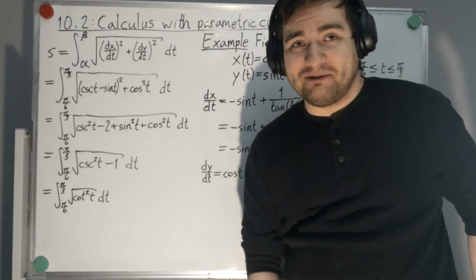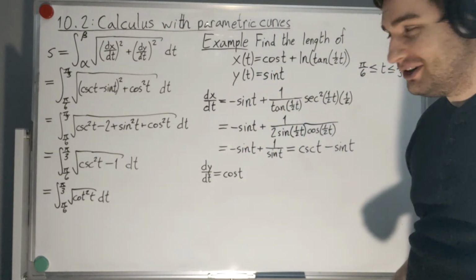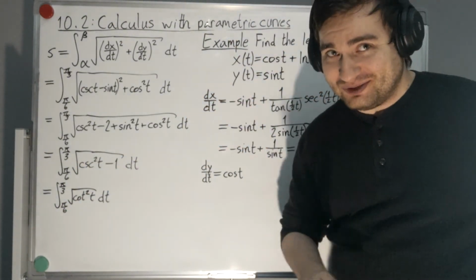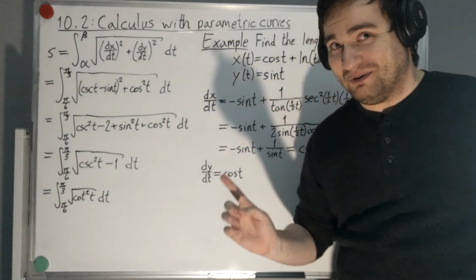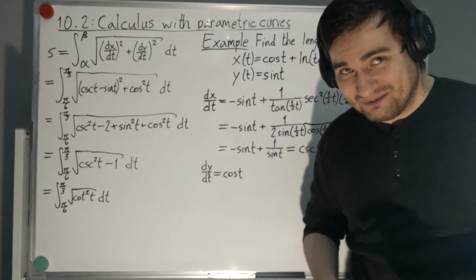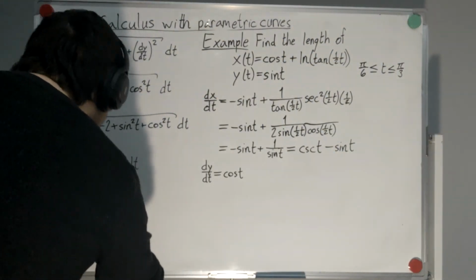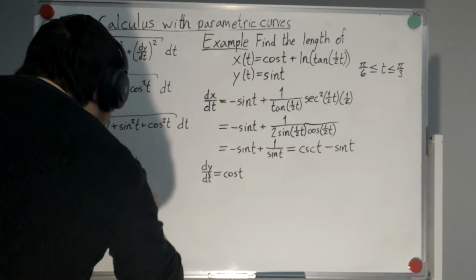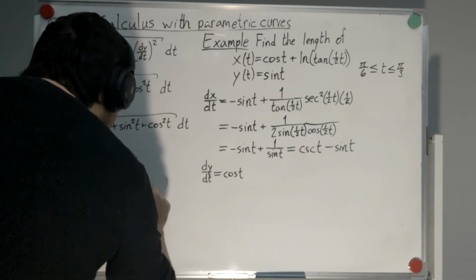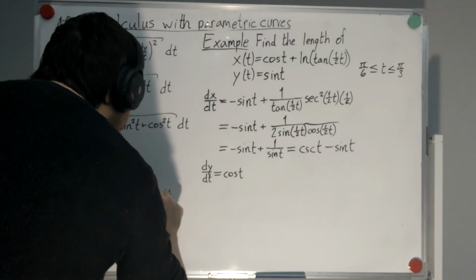And I'm going to confess that I adapted this problem from a very similar problem in the book, but the bounds for t were different. Over those bounds, the cotangent wasn't always positive, and so then you have to take the absolute value. But in this case, you don't have to. In this case, the square cleanly cancel. So this just becomes integral from pi over 6 up to pi over 3 of cotangent t dt.